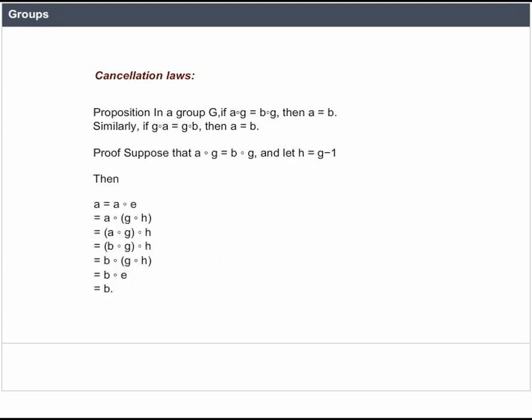Then a = a∘E = a∘(g∘h) = (a∘g)∘h = (b∘g)∘h = b∘(g∘h) = b∘E = b. The other law is proved similarly.